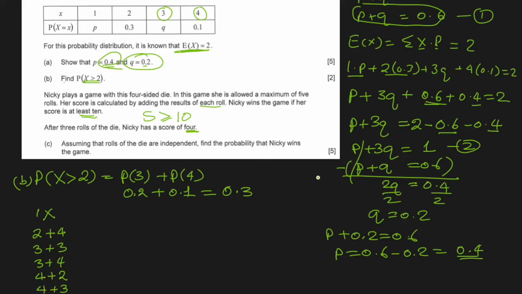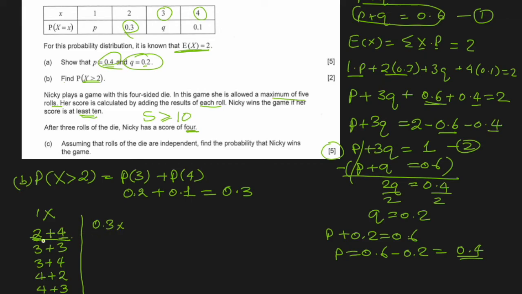So it's worth 5 marks, so I think we can do the legwork one by one. She gets 2 in the 4th attempt and 4 in the 5th attempt, because she's allowed a maximum of 5 rolls. So 2 and 4. The probability of 2 is 0.3, and, because of and, we'll not write plus.